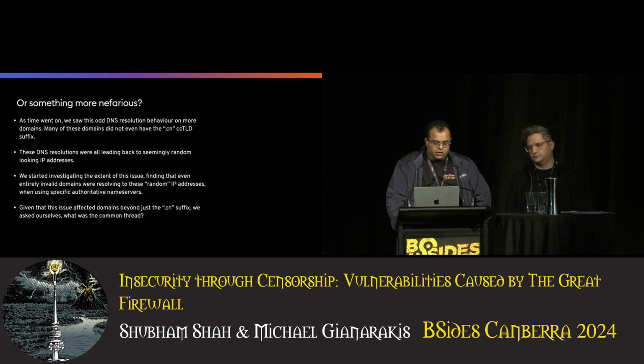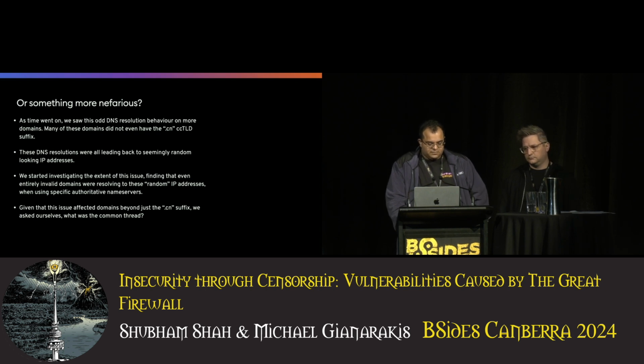As time went on, we saw this odd DNS resolution behavior on more and more domains, some that didn't even have the .cn suffix. These DNS resolutions were all leading back to seemingly random IP addresses, which perplexed us even more. We started investigating this, and we found that these random IPs were coming from the authoritative name servers.